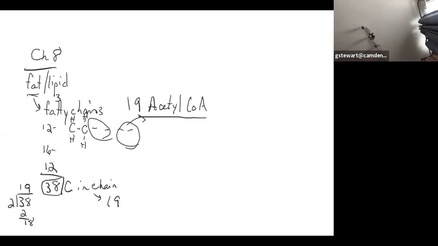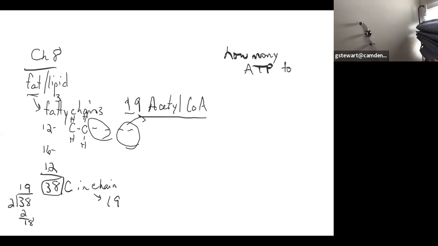So if I had a lipid that I could break down into 19 acetyl CoA molecules, the question that I would pose to you then is how many ATP total, so I would do that one last, how many NADH are produced and how many FADH2, and we can even go with how many carbon dioxides are produced from this fat.